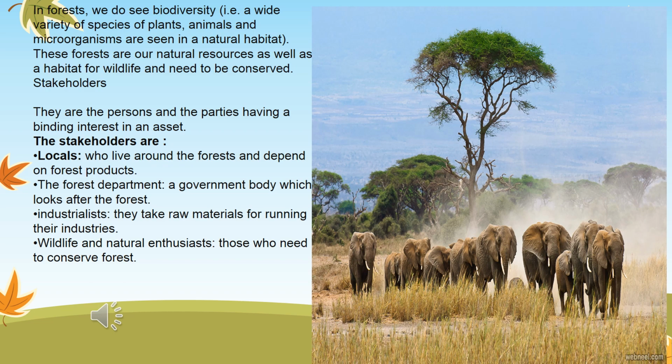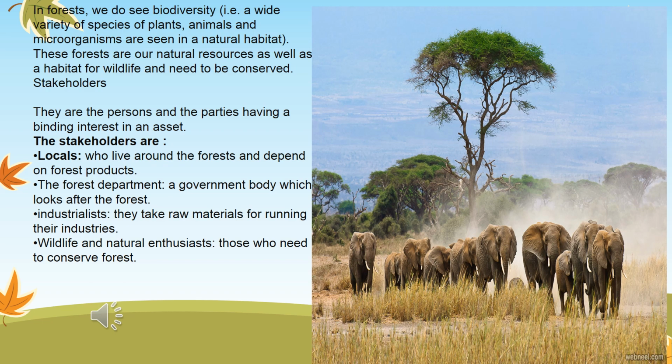Stakeholders are the persons and the parties having a binding interest in an asset. So who are the stakeholders of a forest? The locals who live around the forest, the forest department, then industrialists, and wildlife and nature enthusiasts. These people are considered stakeholders, that is, they have a binding interest in a forest.